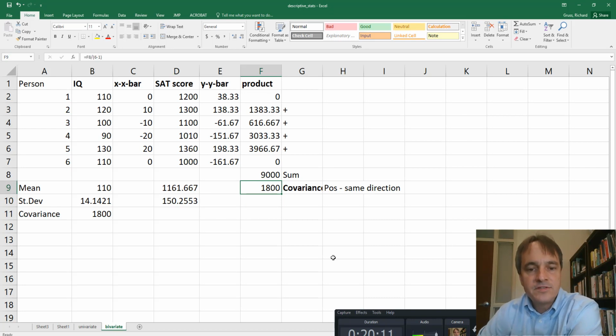So how do we convert this into something that we can understand, that will actually give us some kind of reasonable standardized metric of how strong this is?